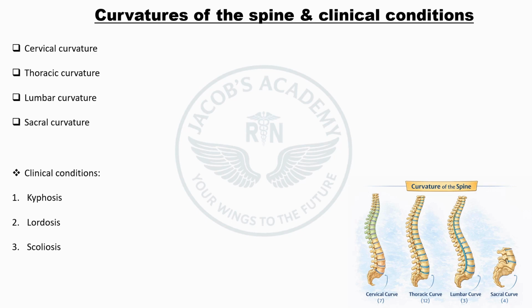For the nurses, understanding these conditions is very important when caring for patients with back pain, mobility problems or any spinal injuries. So remember, normal curvatures help in balance and movement, while abnormal curvatures lead to clinical problems. In this image, you can see the curvatures, shape and all.